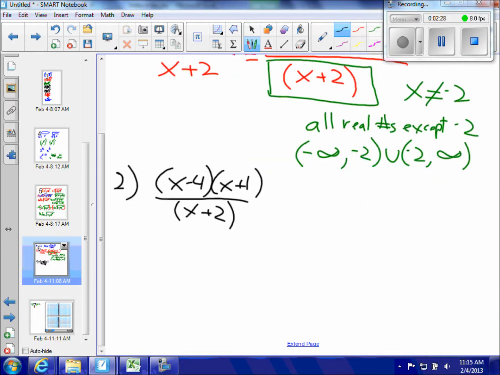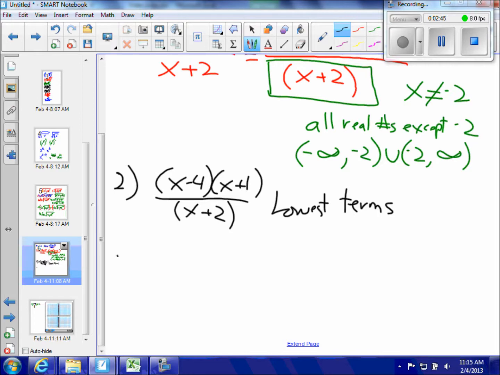There's nothing that I can cross out from my numerator and denominator, so this is in lowest terms. If I could cross one of the factors off from my numerator and my denominator, then I would have to do that, and that would put it in lowest terms.